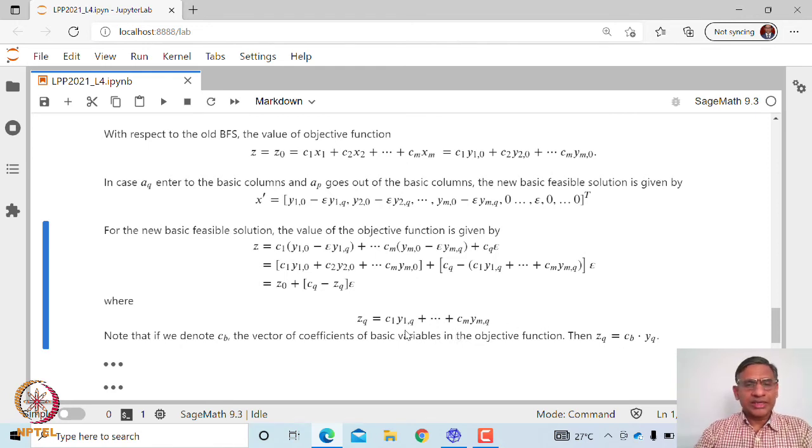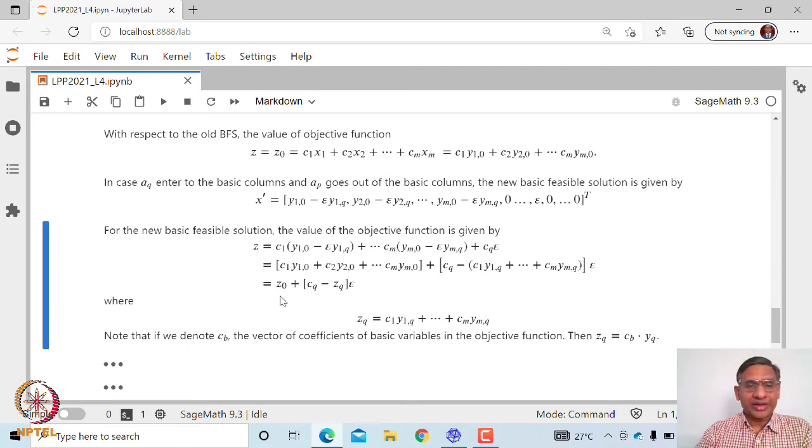Now let us look at the case where our problem is minimization, and Z0 is the current value of the basic feasible solution. If the value of Cq minus Zq is negative, the value of the objective function will reduce.